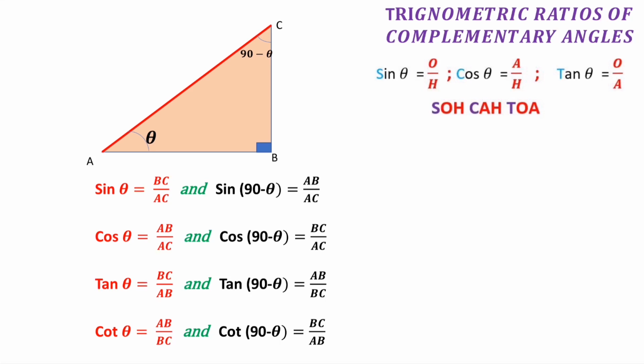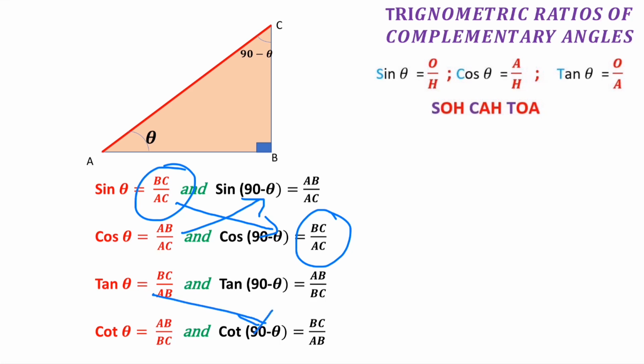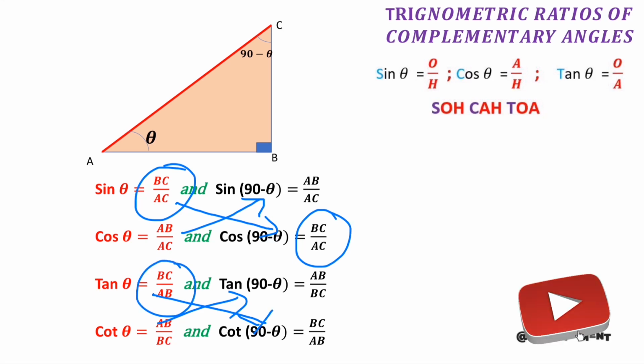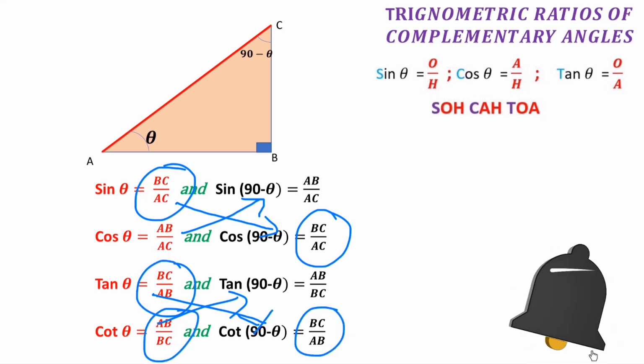Now if we observe here, sin theta is equal to cos 90 minus theta. This is also BC by AC, this is also BC by AC. Similarly, cos theta is equal to sin 90 minus theta. And tan theta is cot 90 minus theta and cot theta is tan 90 minus theta. The values here are same, AB by AC, AB by BC.